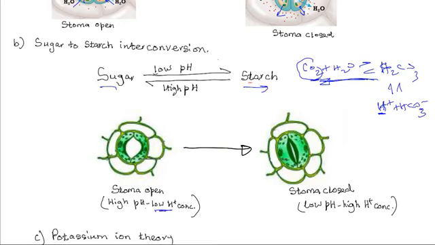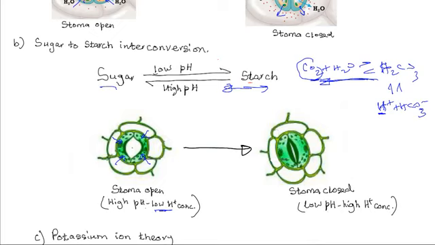The high pH favors the enzymatic conversion of starch into sugars. The sugars, being osmotically active, will raise osmotic pressure in the guard cells. Consequently, water from the surrounding epidermal cells is drawn into the guard cells. The guard cells become turgid and the stoma opens.